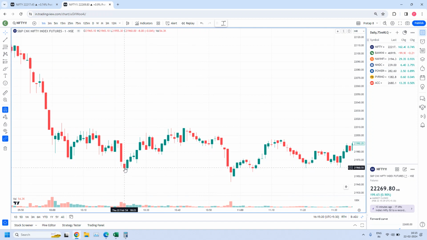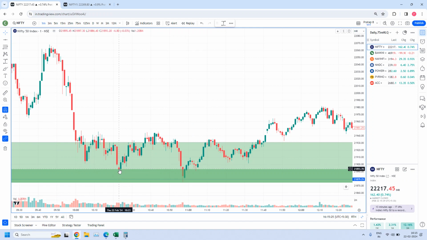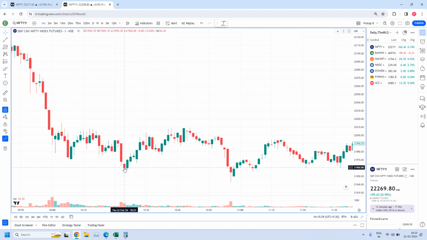See, this is the 10:23 candle. At the 10:23 candle, somewhere here, it reached the zone. Let us say it could be somewhere here or somewhere at this price. What is the price here?